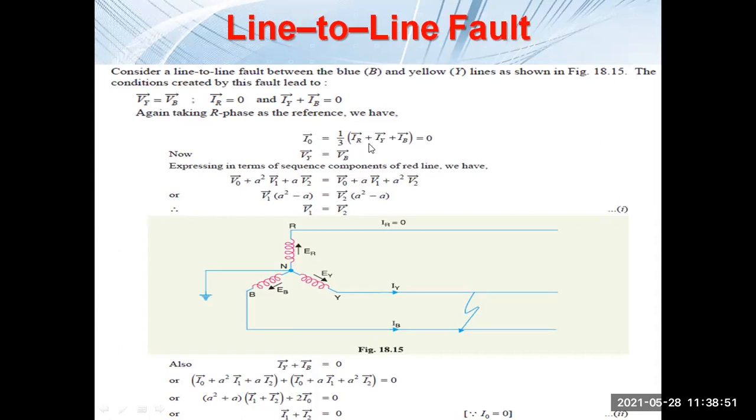Yes, sir. Okay. So IR plus IY plus IB equals 0, that means zero sequence current equals 0. This point is clear. So obviously this zero sequence current will be equal to 0, and Vy will be equal to Vb because these two phases are short circuited.